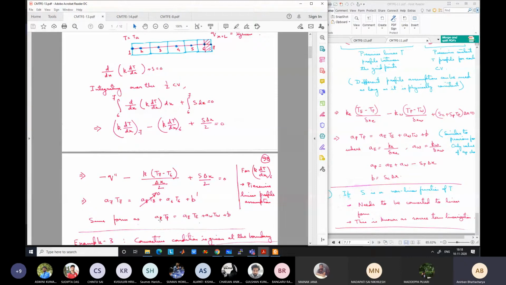Okay, so all the coefficients are different, but all the coefficients are for the third grid point. Okay, so all the coefficients have subscript which is 3. So let us call this coefficient as A, this as B, this as C. So A3 T3 is equal to B3 T2, sorry, B3 T4 plus C3 T2 plus D3. Something like that we can do.